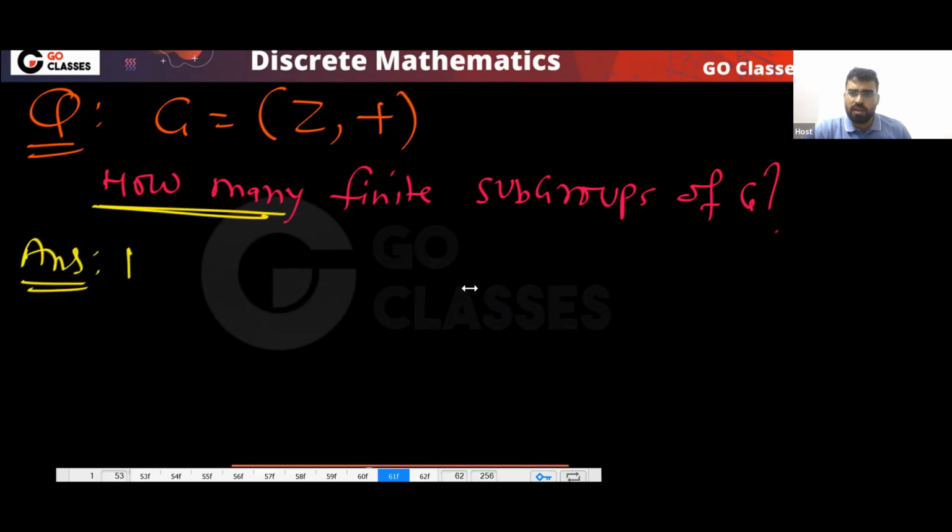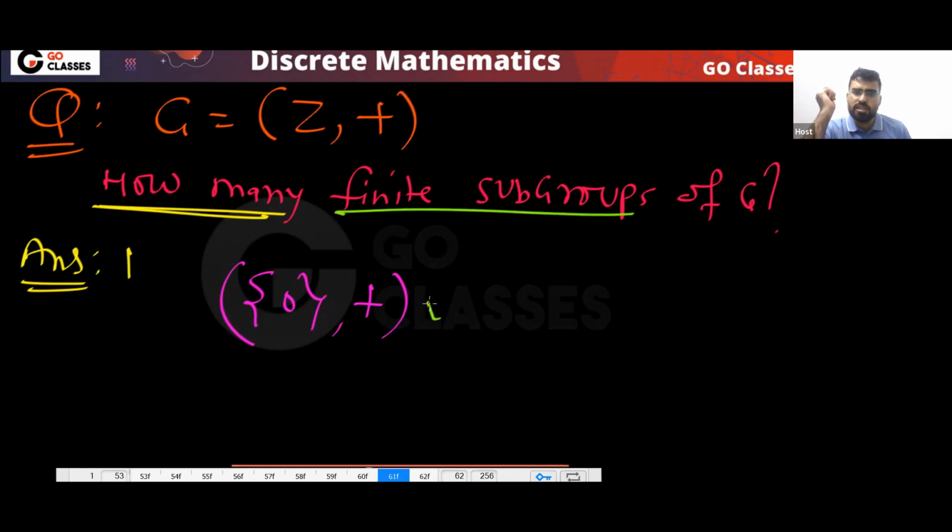The answer is only one. Only one finite subgroup you can create. This is that. Whatever else you create, whatever else finite you create, that will not be closed, so that is not a subgroup. So how many finite subgroups of G are there? The answer is one. Only this one.